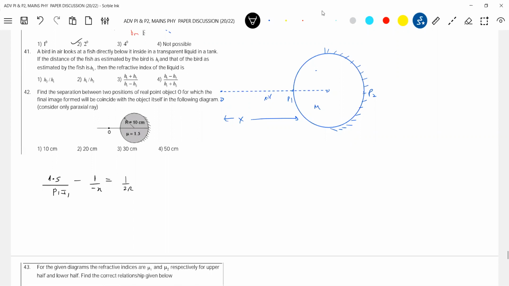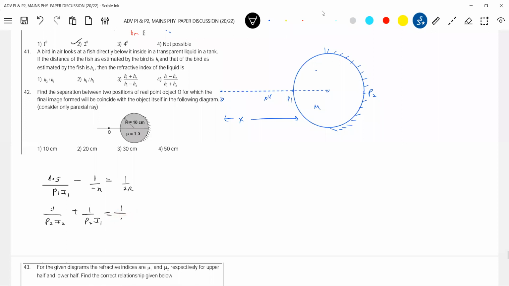That image will be reflected. So then it will become a concave mirror, no? Okay, then this will be 1 by P2I2 plus 1 by P2I1 equal to 1 by focal length, which will be R by 2, minus R by 2.